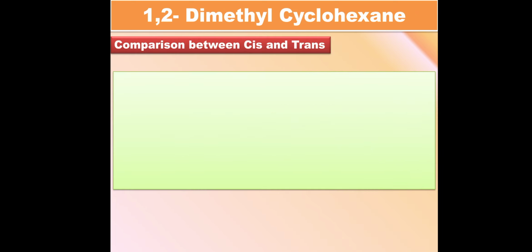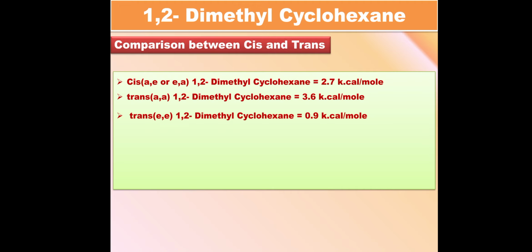If you compare the relative stability of cis and trans 1,2 dimethyl cyclohexane, we observe that cis axial equatorial or equatorial axial 1,2 dimethyl cyclohexane has an energy of 2.7 kilocalorie per mole. Trans diaxial 1,2 dimethyl cyclohexane has an energy of 3.6 kilocalorie per mole, and trans diequatorial 1,2 dimethyl cyclohexane has an energy of 0.9 kilocalorie per mole.